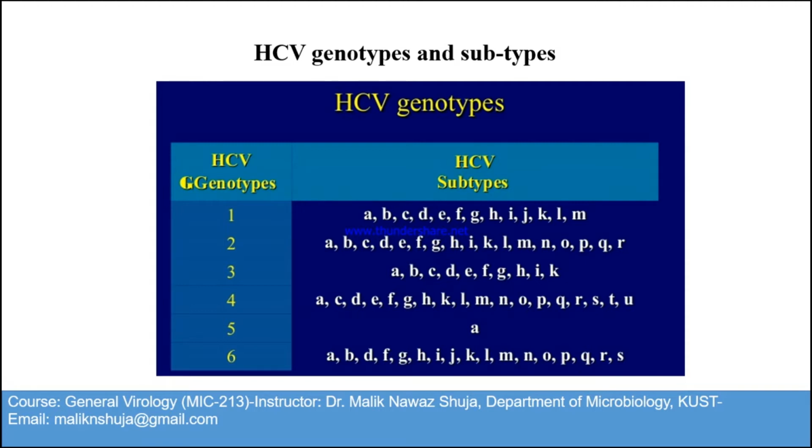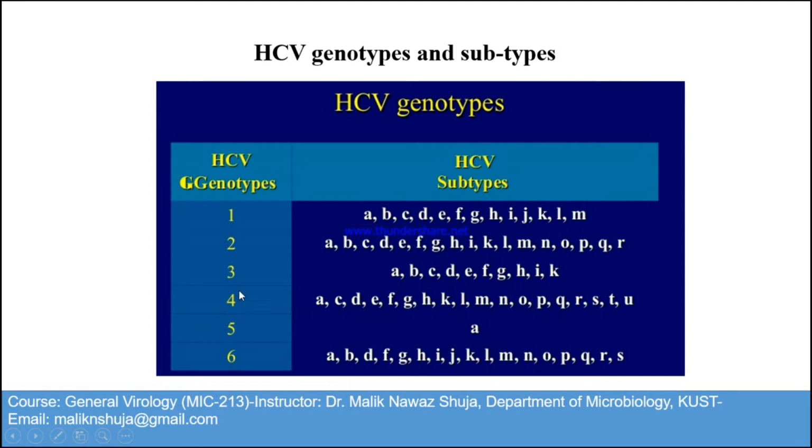Already in the previous slide I was talking about these genotypes and subgenotypes of HCV. Here in the first column we can see the different genotypes 1, 2, 3, 4, and in the second column we can see the subgenotypes. For example, if I'm talking about genotype 1, there are A to M. These are the subgenotypes of 1.